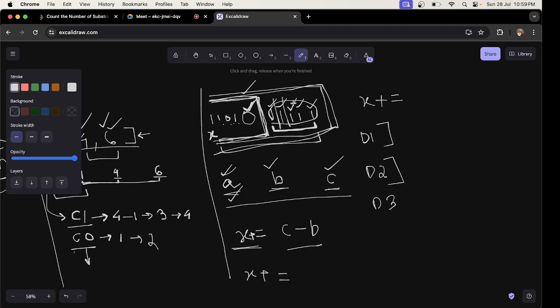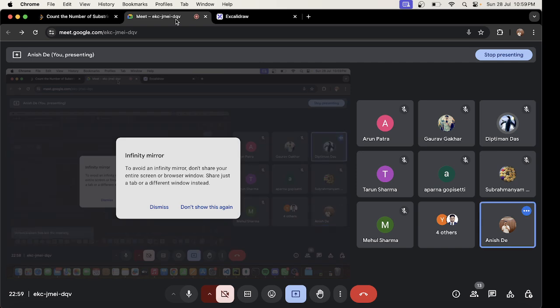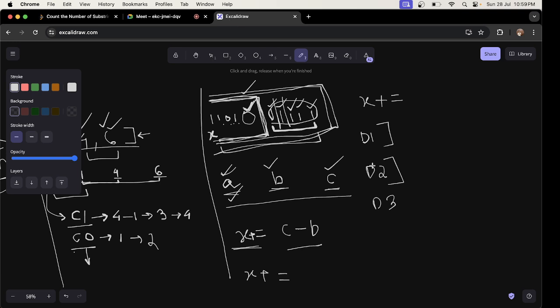I can add three ones and still make it dominant, because adding one to dominant substrings keeps it dominant. If I append ones at the end of a dominant substring, it will remain dominant, because the number of ones is increasing but the number of zeros is the same.